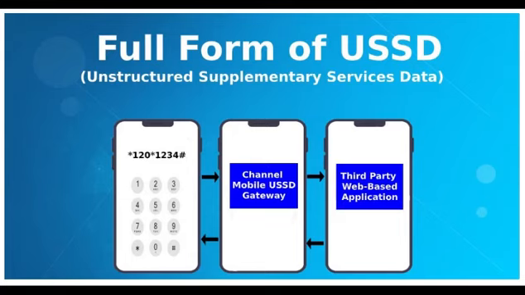How USSD works. Typically, USSD involves a query from a mobile phone user, such as a request for a bank account balance. Once the user sends the request, the USSD gateway forwards it to the user's USSD application, which responds to the request.